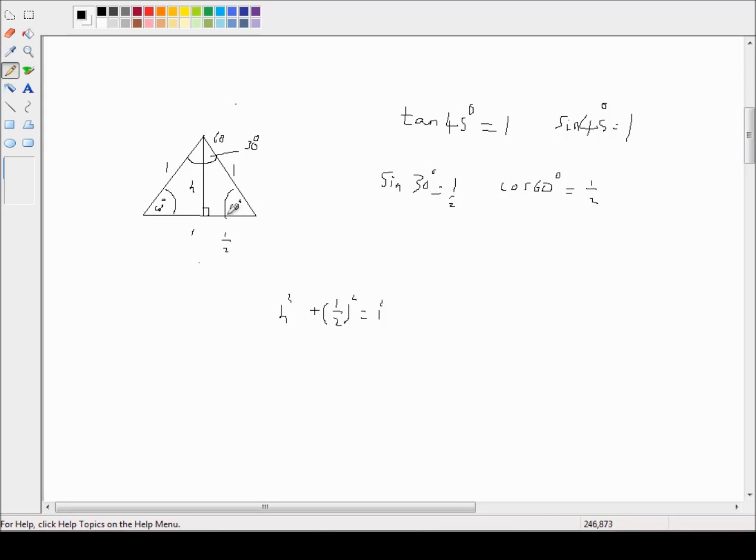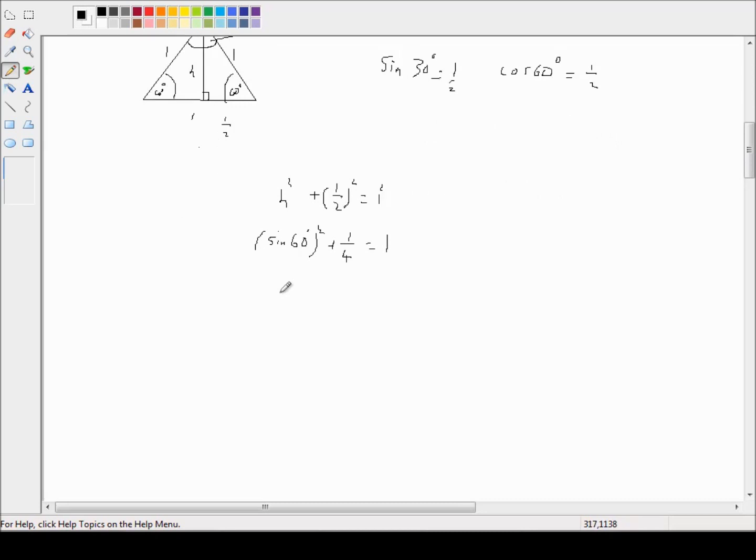Now h squared is equal to the sine of 60 degrees squared, plus a half squared, so that's 1 squared, which is 1, and 2 squared is 4, so that's 1 over 4, is equal to 1 squared, which is 1.